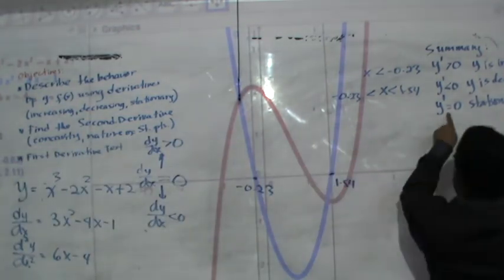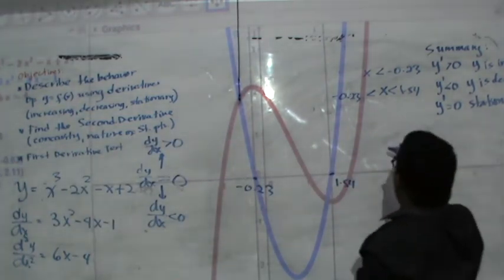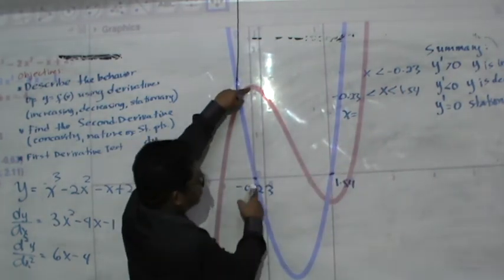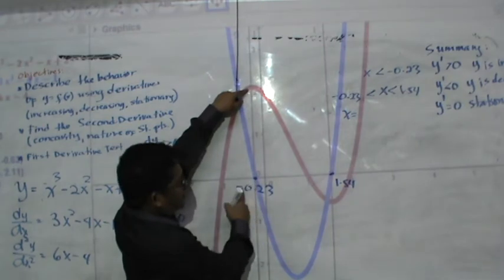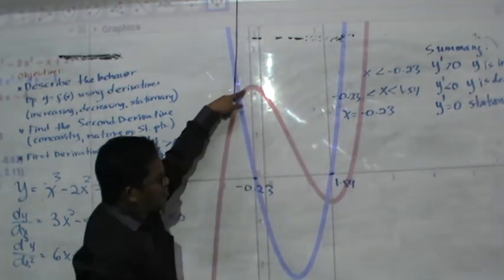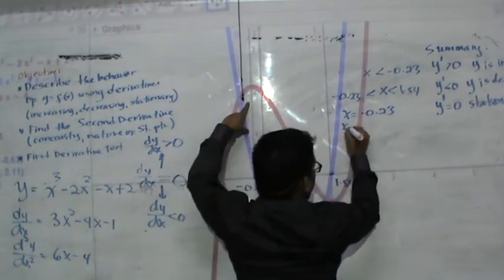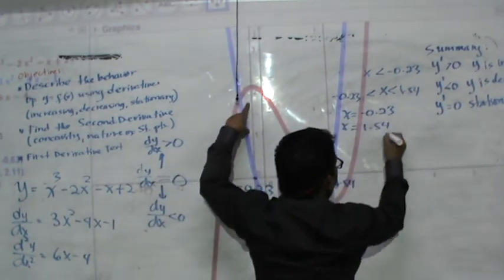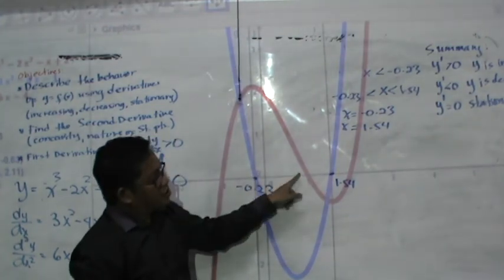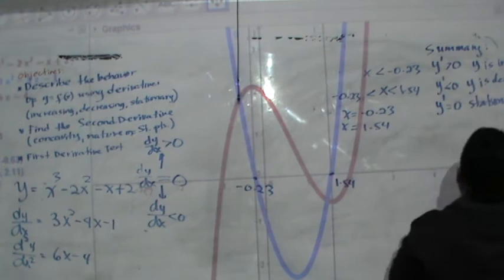At y prime equal to 0, at x equal to negative 0.23 and at x equal to 1.54, these two values will give you the stationary points.